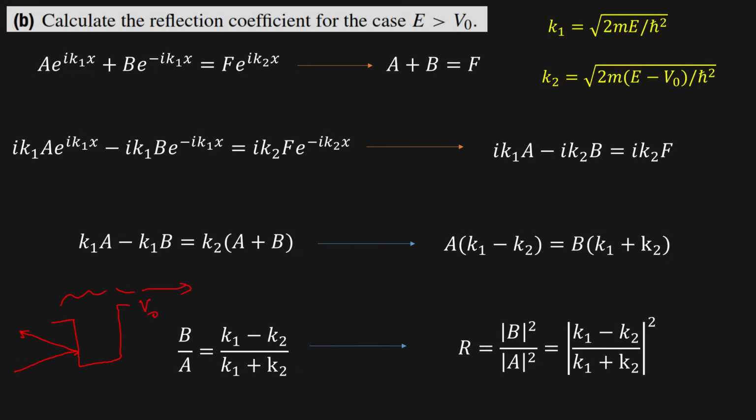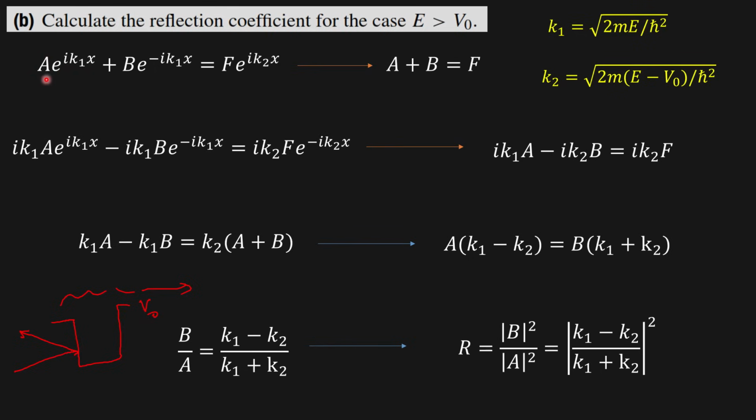However, it will move to the other side with a different velocity. Both sides are oscillatory, because the energy is higher than V naught. It has freedom to move both left to right hand side. So on the right hand side it will get transmitted.